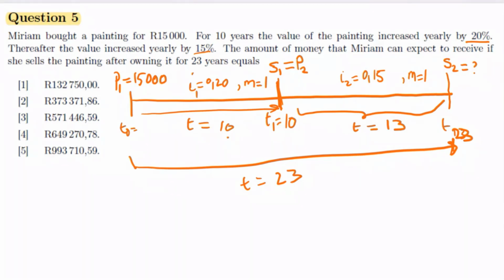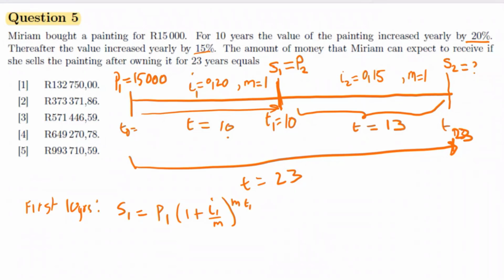Okay, so now let's do the first calculation for the first 10 years. S1 is equal to P1 into (1 plus I1 over M) to the power MT1.